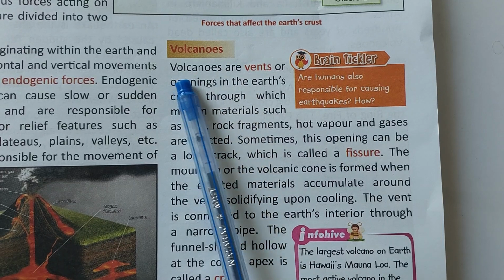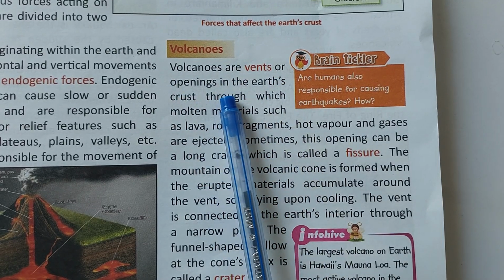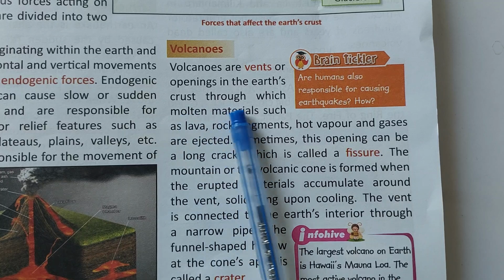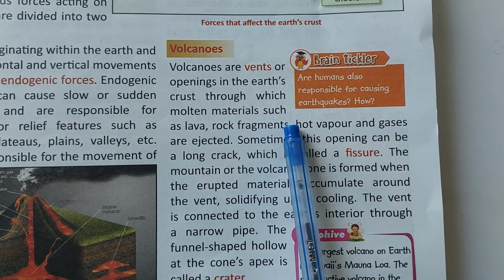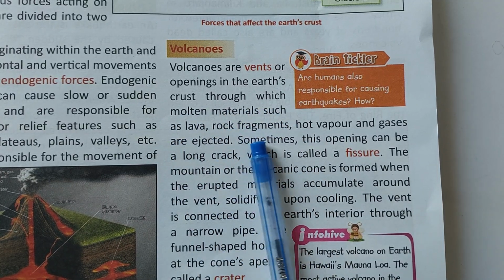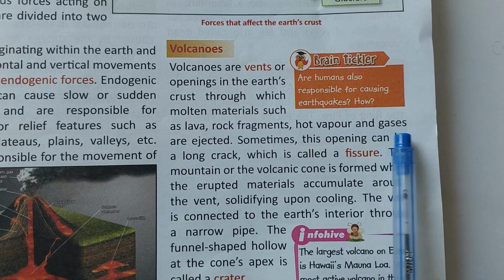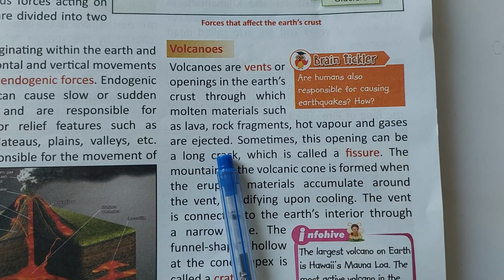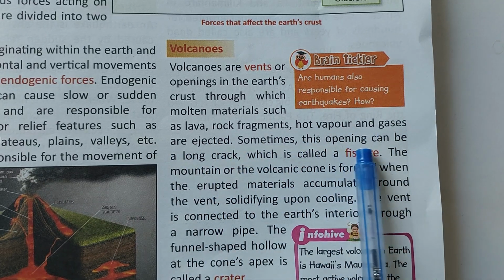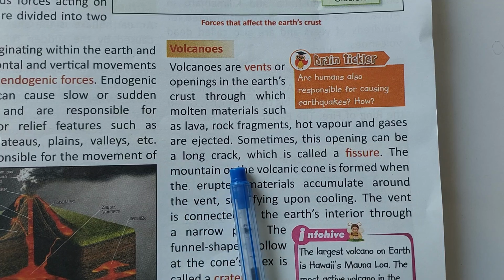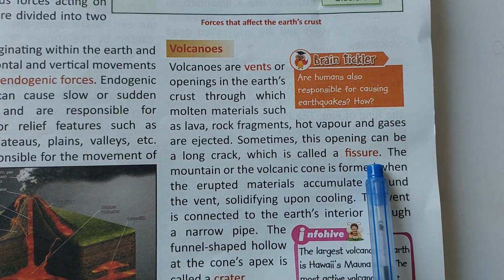Volcanoes. Volcanoes are vents or openings in the Earth's crust through which molten materials such as lava, rock fragments, hot vapor, and gases are ejected. Sometimes this opening can be a long crack, which is called a fissure.